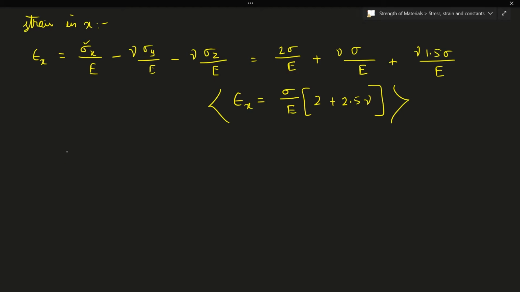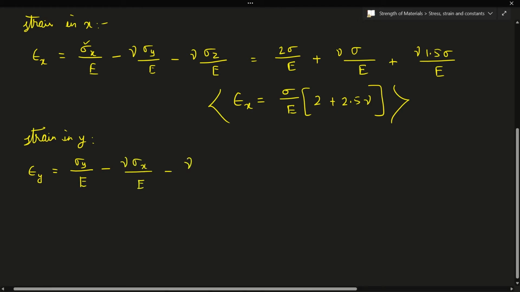Okay, so again the strain in the y direction, I'll call this epsilon y, which is nothing but sigma y divided by E, minus nu into sigma x divided by E, minus nu into sigma z divided by E, and again just substitute the values.